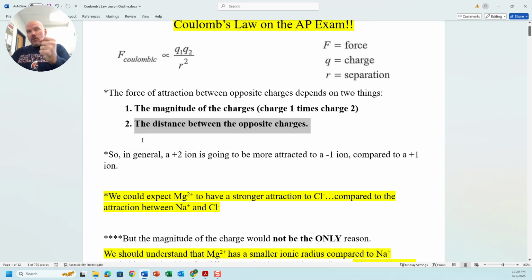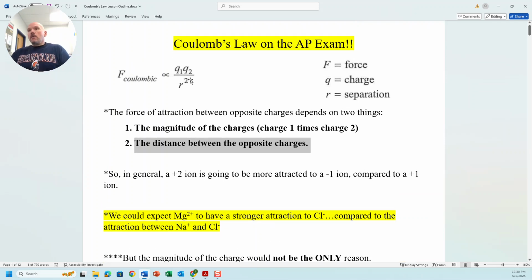So the smaller the particle, the closer they can get to each other, the stronger the interaction. So radius matters. It could be an ion's radius or an atom's radius or the size of a molecule. The smaller things are, the closer they can get, and the closer they can get, the stronger the interaction.